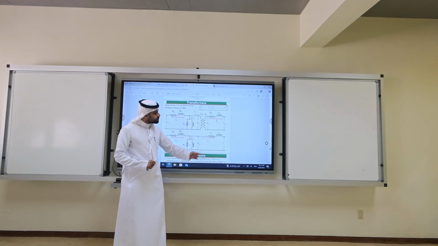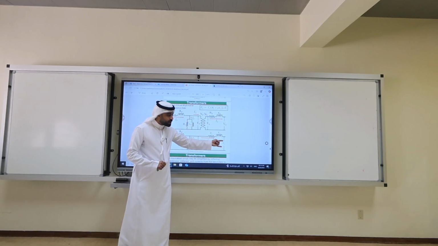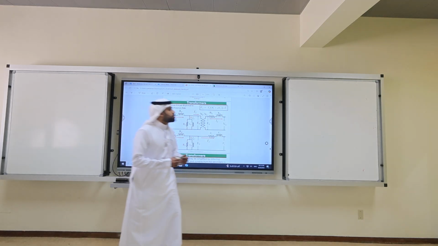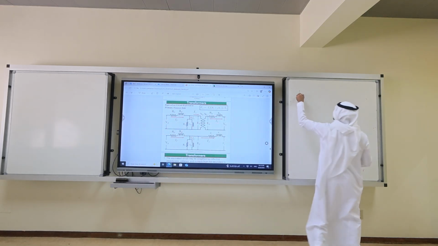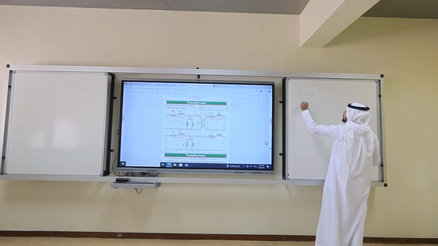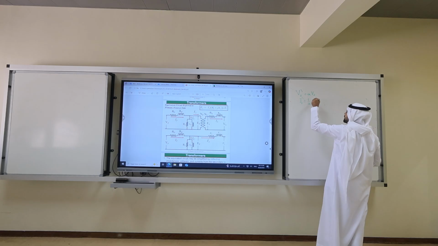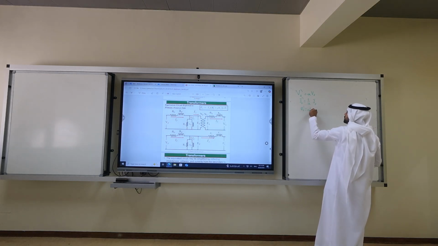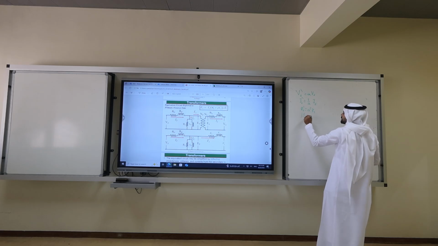Not only that, I have here VS prime. What is the relationship between VS and VS prime? Reflection, A. So you need to do VS prime equals AVS, IS prime equals 1 over A times IS, RS prime equals A squared RS, jXS prime equals j times A squared XS.